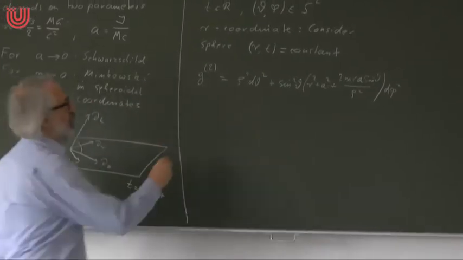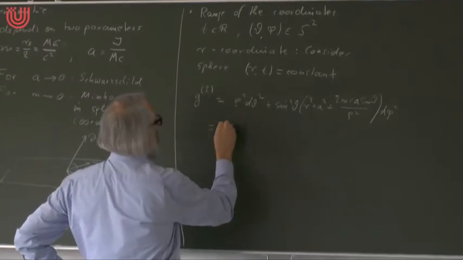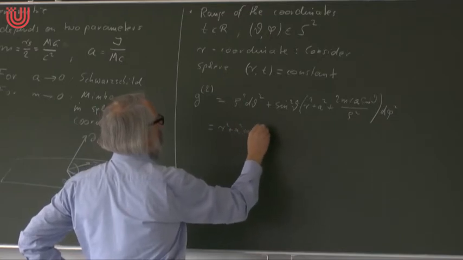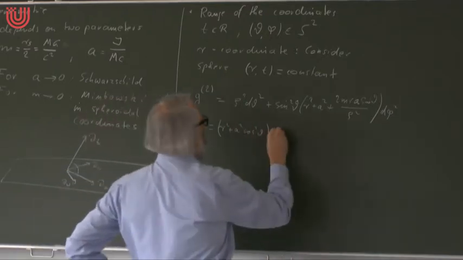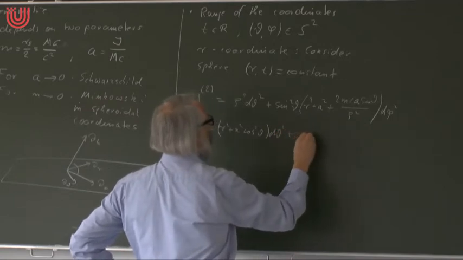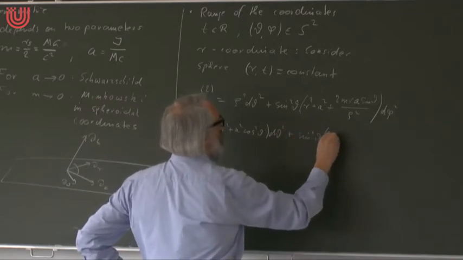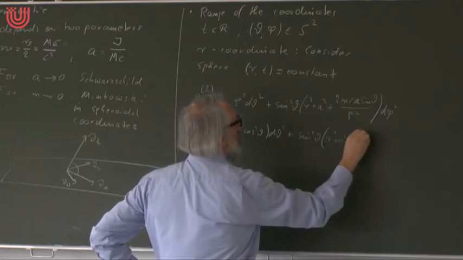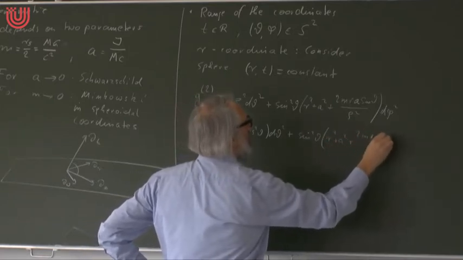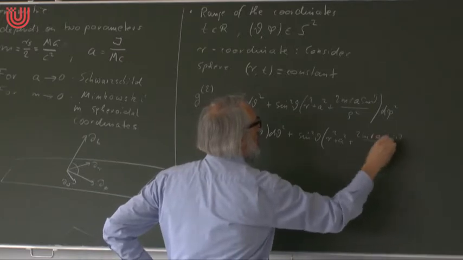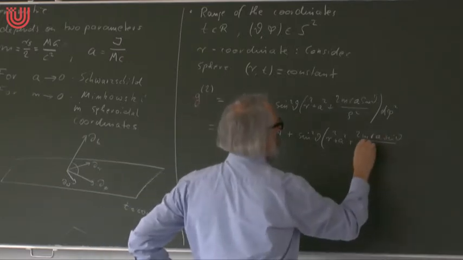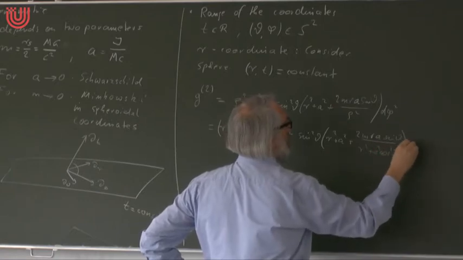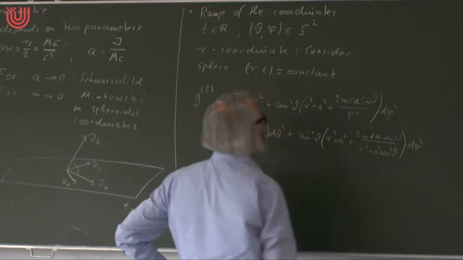Let's write this out. What was rho squared? It was r squared plus a squared cosine squared theta, and here also I have the rho squared in the denominator.